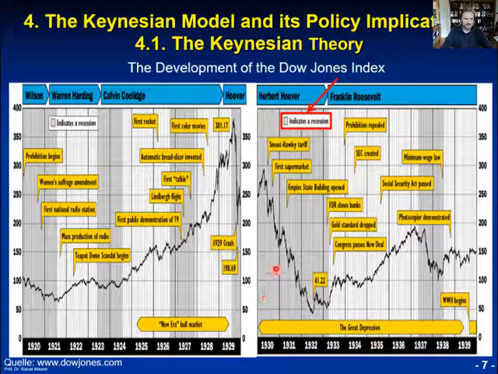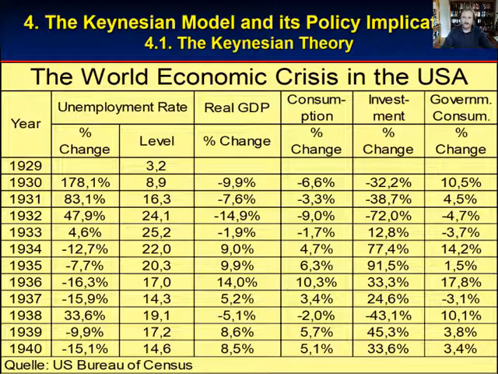So these shaded areas here indicate recessions, and this recession was a very strong recession. The stock market crash caused a deep loss of net wealth, not only for rich households, but also for medium and small income households, which became invested in the stock market during the long boom in the 20s before.